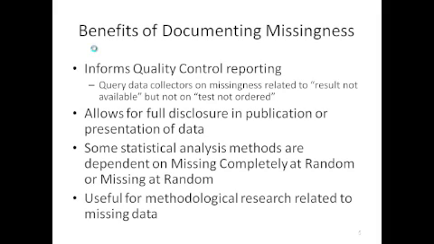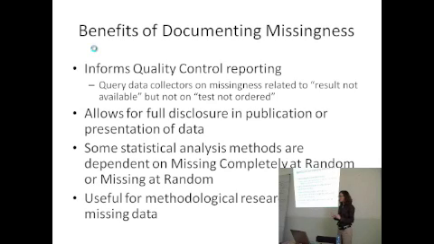Some statistical analysis methods depend on the different types of missing, so they use one method if the data are missing completely at random versus missing at random. So it's good to be able to identify what cases you have.